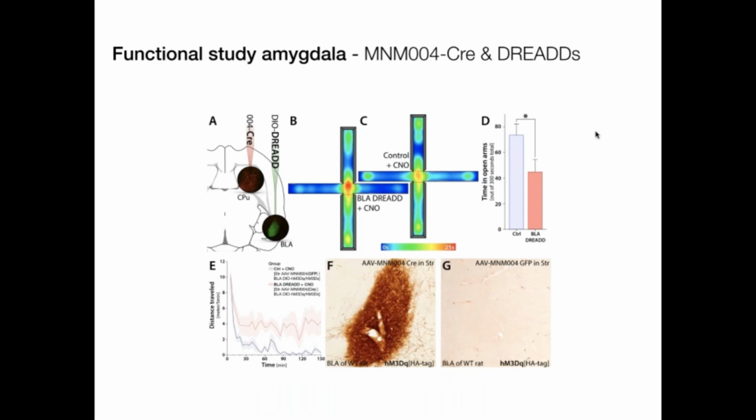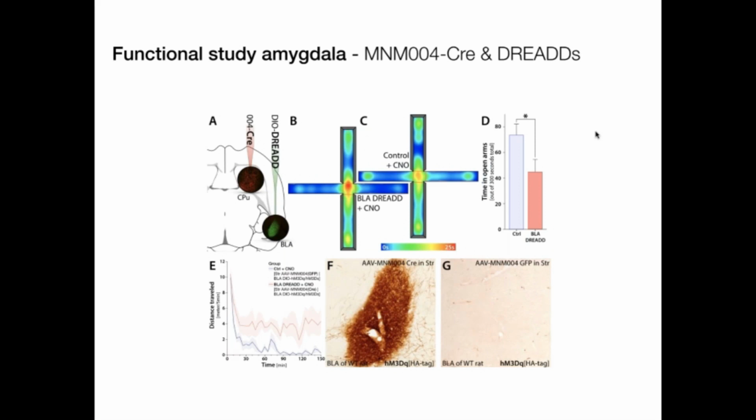We also performed a functional study to see that we could use these vectors for a functional approach. We injected M004 in the striatum and a flexed DREADD receptor, an activating DREADD, in the basolateral amygdala to study anxiety. So basically only the cells in the amygdala projecting to the striatum would have a functional DREADD because of the transported Cre.